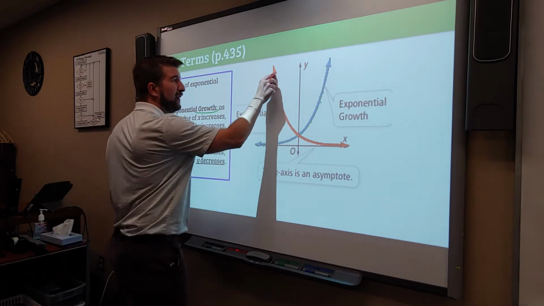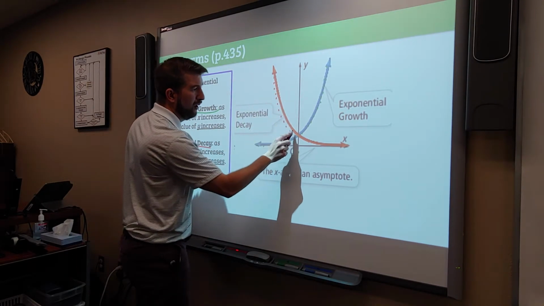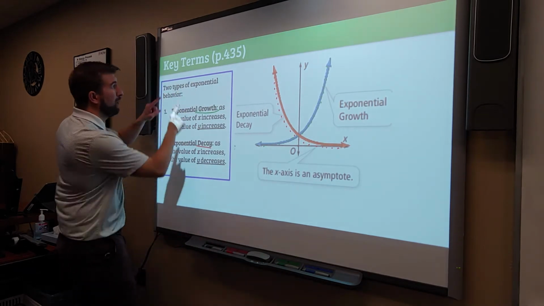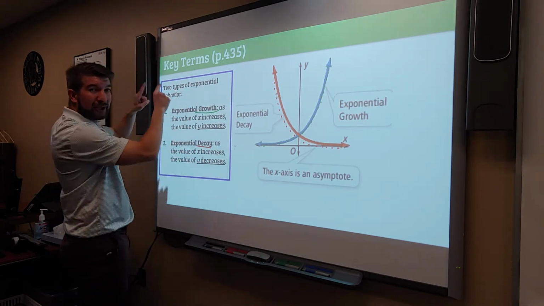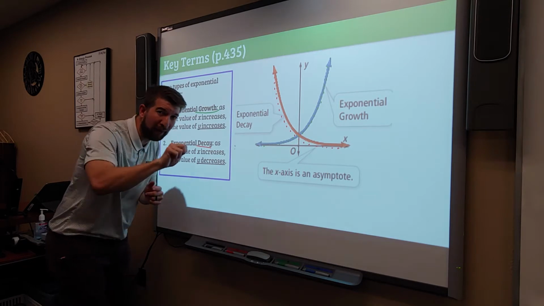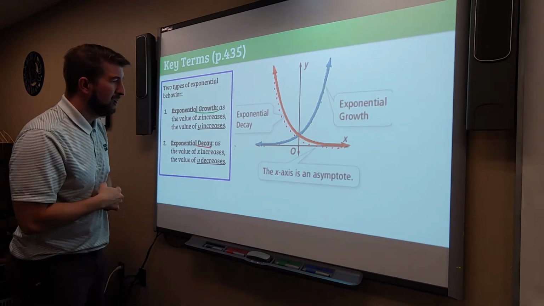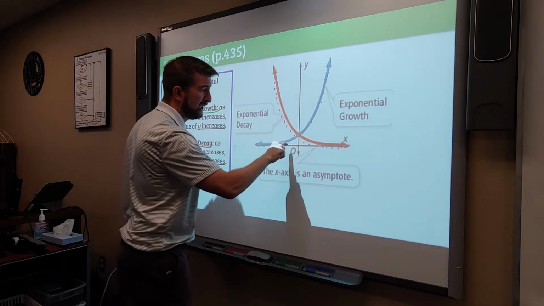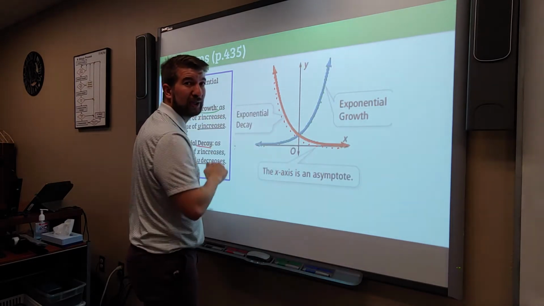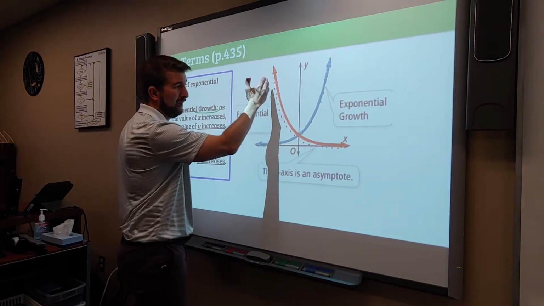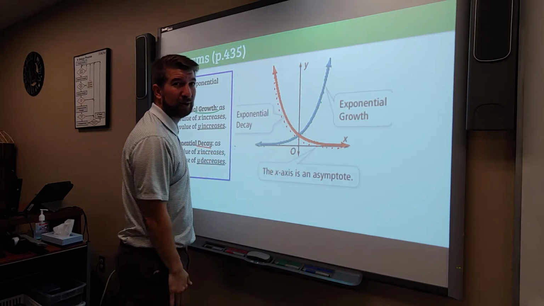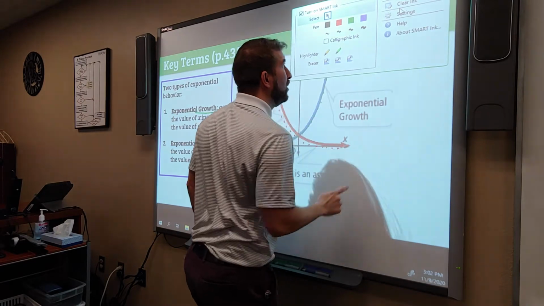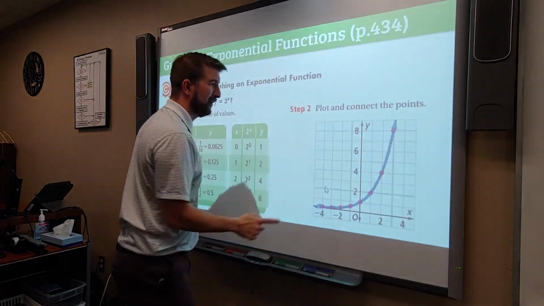As the x value increases, the y value decreases. Remember, if you have a blue box on these notes, that's something you probably want to write down in your notebook. So, exponential growth, the x goes up and the y goes up. Exponential decay, the y goes down as the x goes up. Keep that in mind.